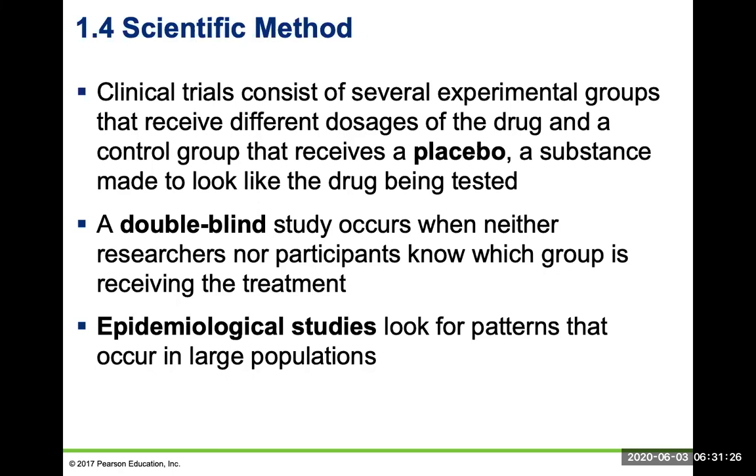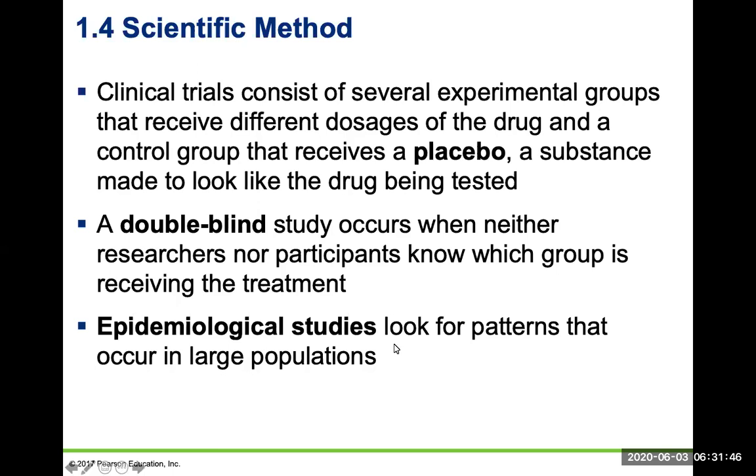So those people think they're getting the drug, but they're actually just getting a placebo. A double-blind study is what we call it when neither researchers nor participants know which group is receiving the treatment. That's probably the best experiment to use to leave out any sort of bias.